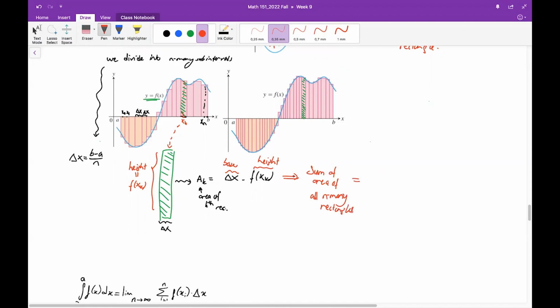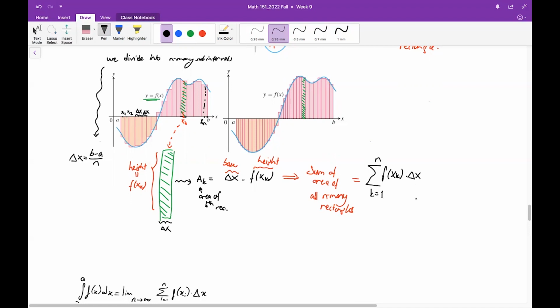So I will be summing up these terms. This is the area of the kth rectangle, remember, f of xk, delta x. By the way, let me put the first midpoint as not x0, but x1. So from 1 to n, we have n many rectangles. That's why it will be enough to put the sigma notation here for k runs from 1 to n.